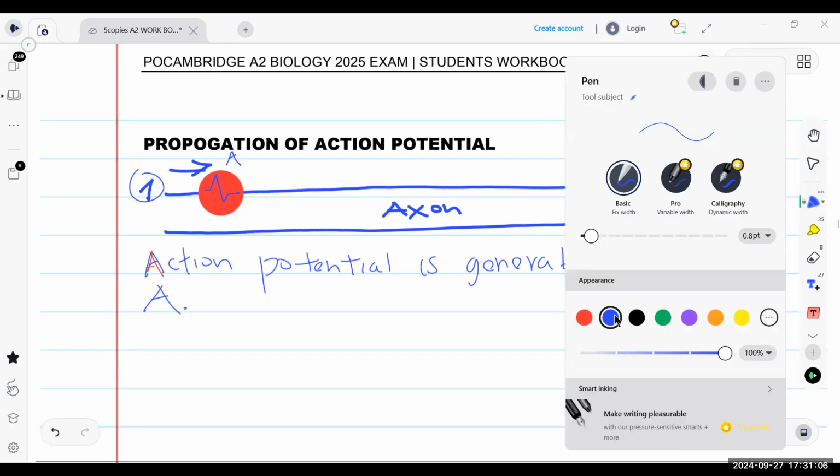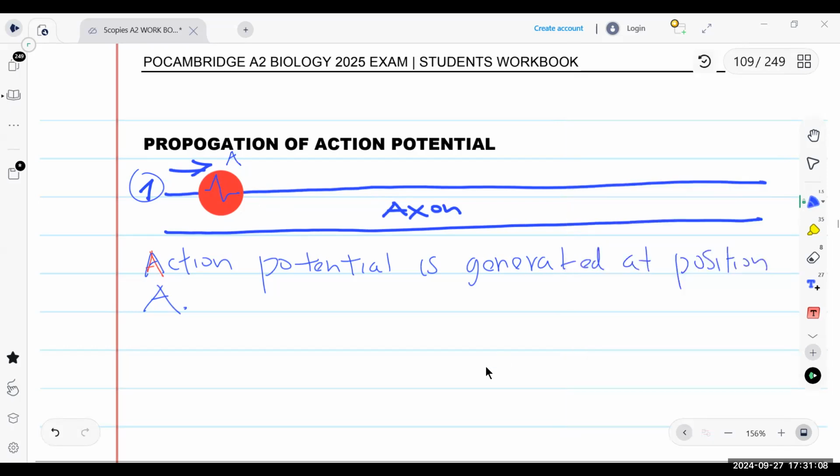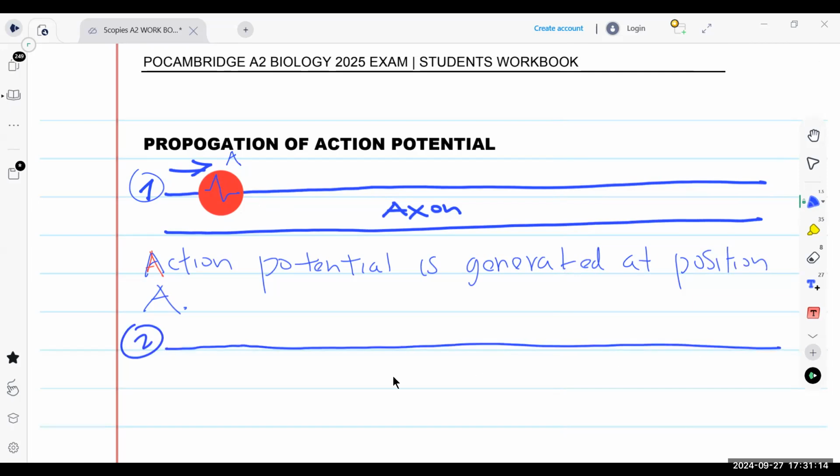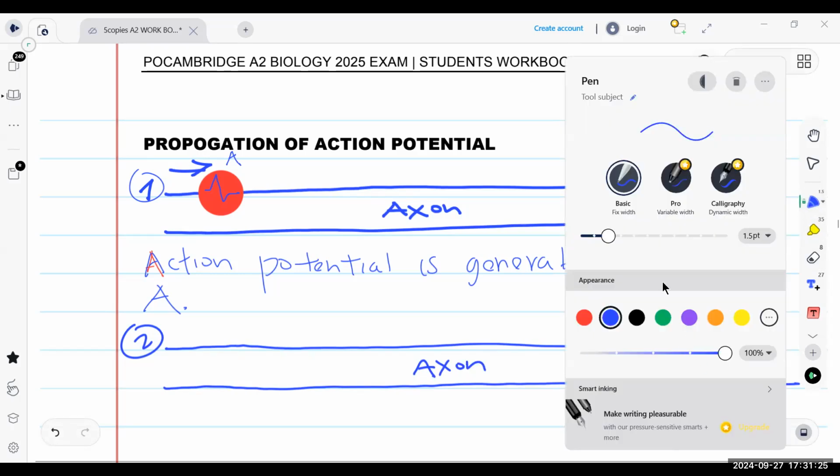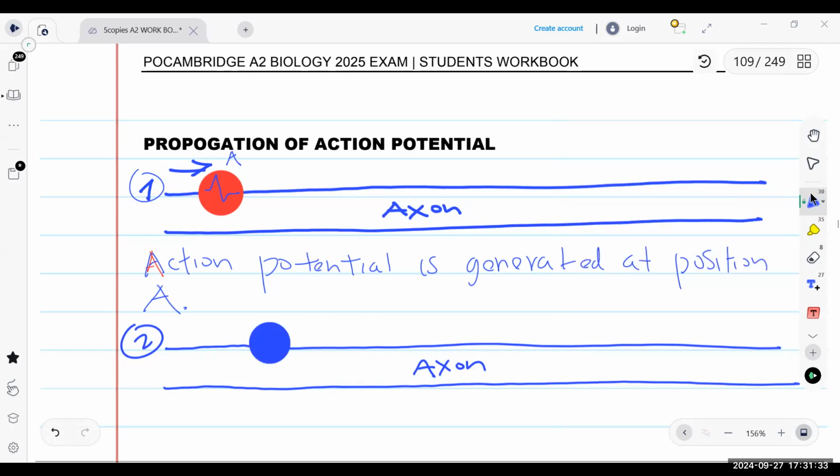Then number two, what happens next? That's again the axon, so I draw a dot here now.